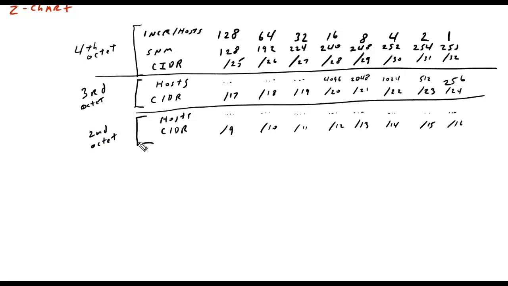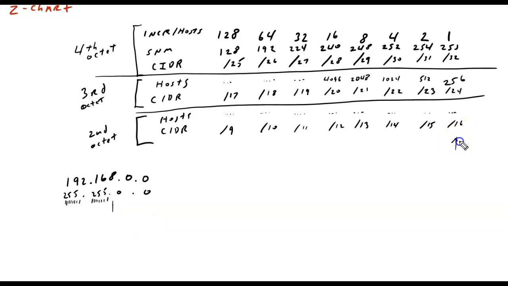Now, how do I use this chart? Let's say that I have, as we did before, 192.168.0.0, and this one's going to be a 255.255.0.0. All right, so how many ones do I have here? Well, I've got 8 ones here and 8 ones here. So that's 16 ones. Where is that? Well, it's right at the end of the second octet, right? And look over here.